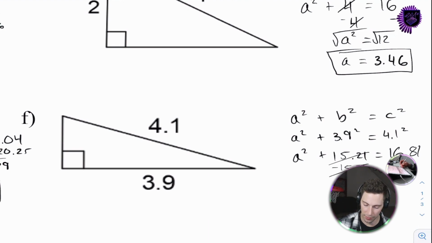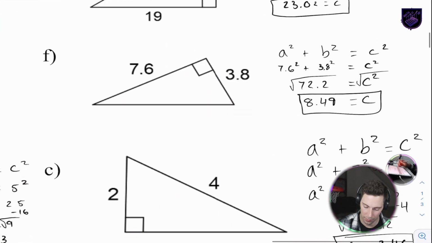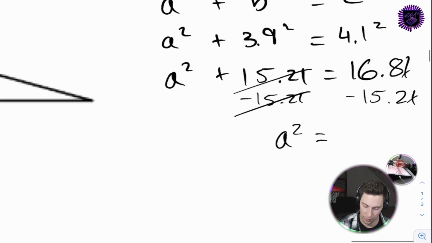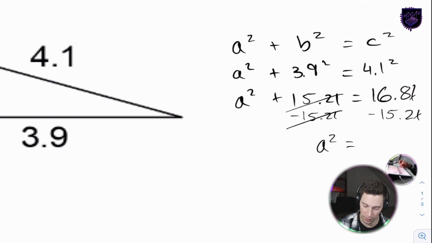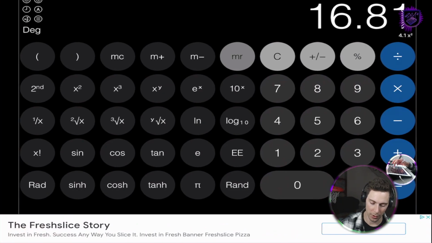And then we can subtract 15.21 here, which will be 1.6. A squared is equal to 1.6, which is going to be 0.4.